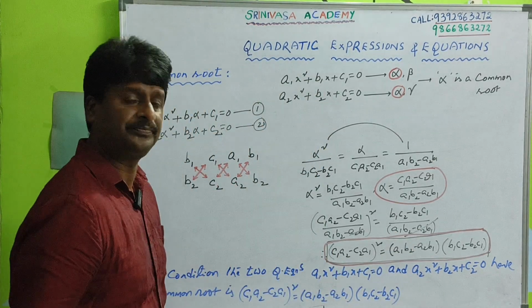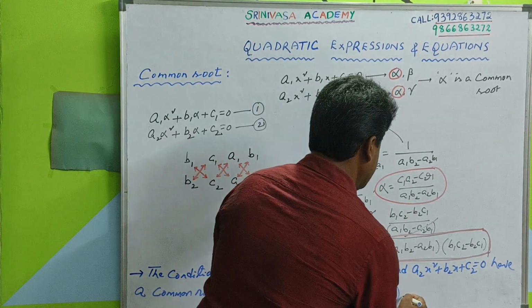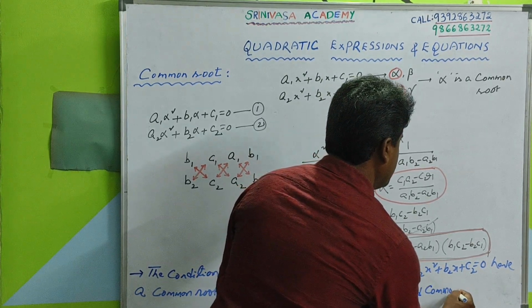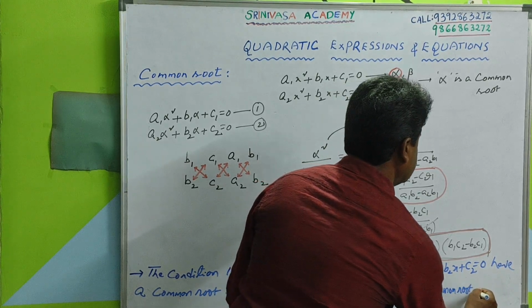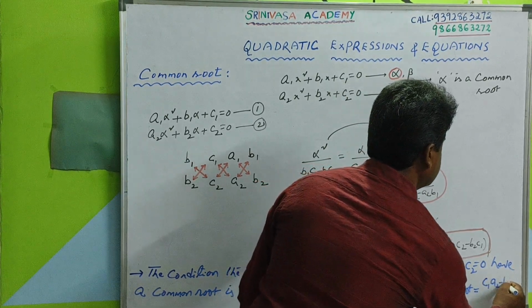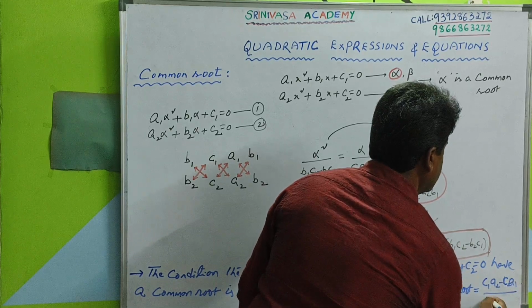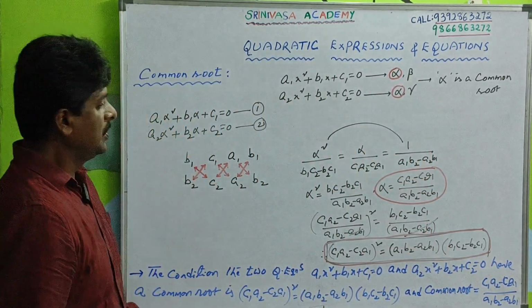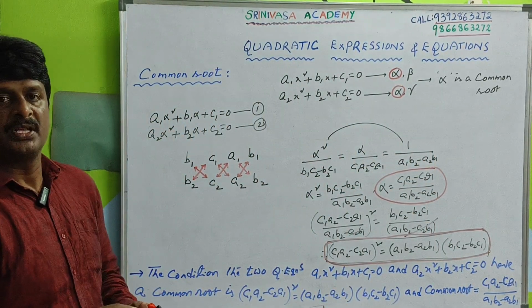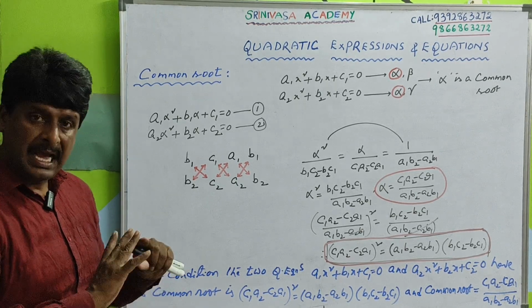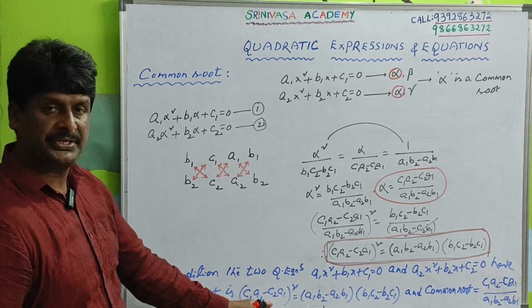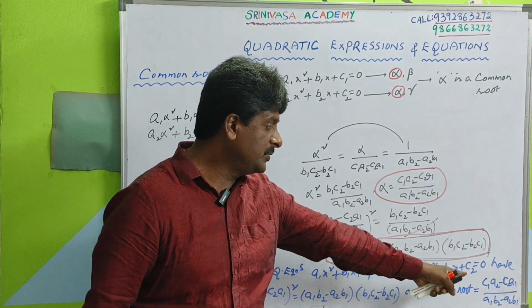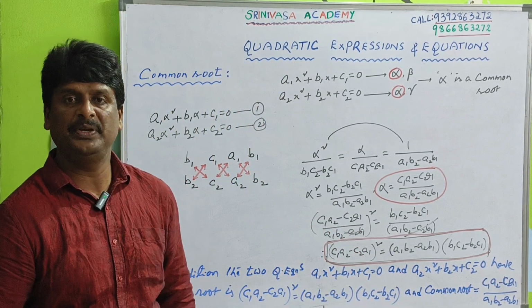This is the condition, and the common root is c1 a2 minus c2 a1 by a1 b2 minus a2 b1. So this is one of the theorem statement. The two quadratic equations have a common root. This is the condition, and that common root is c1 a2 minus c2 a1 by a1 b2 minus a2 b1.